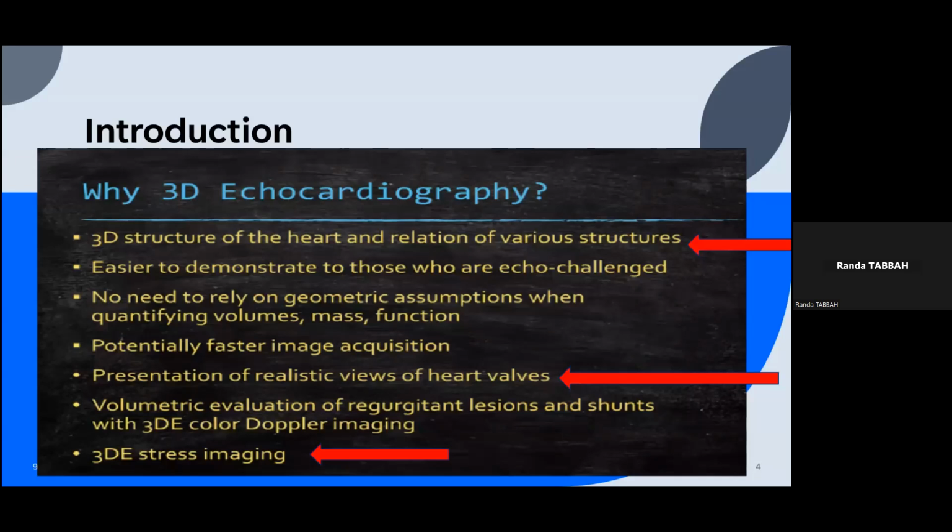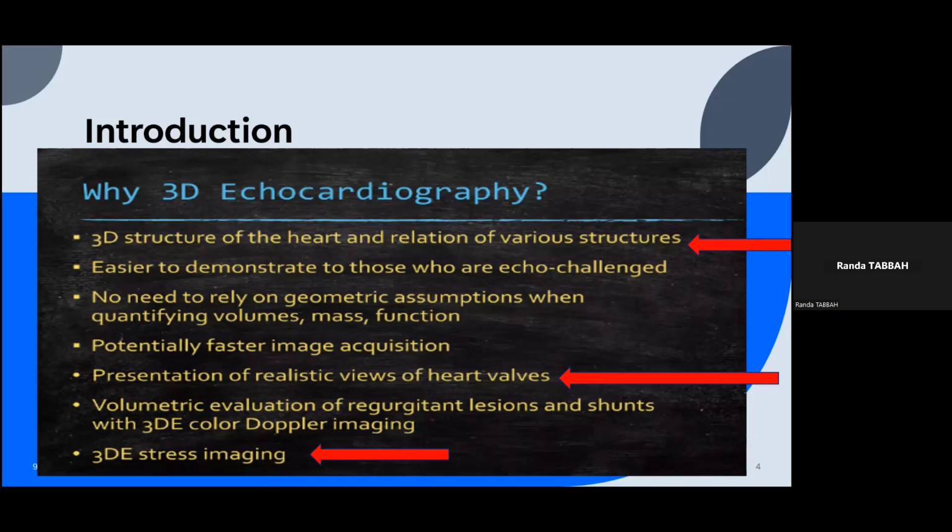So why 3D echocardiography? It helps us to have a better understanding of the structures of the heart and the relation of various structures. It is easier to demonstrate to those who are echo-challenged and to have a better idea of all the anatomy of the heart and of the valves.